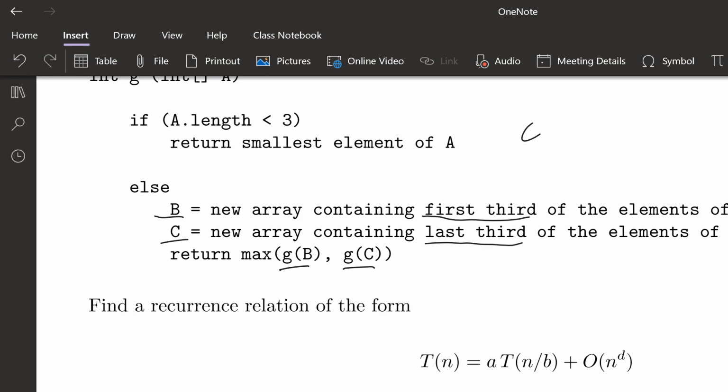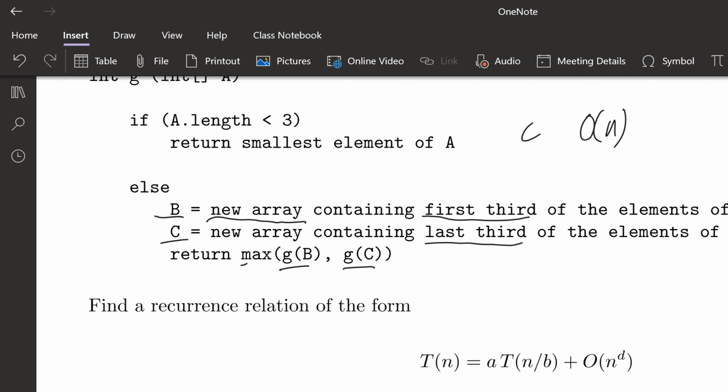So this would be constant, or even if at worst it doesn't have its array length stored, it would be O of n. All right, B is a new array containing the first third of the elements of A. The thing that tips me off here is it's a new array, right? B is not just a pointer, it's actually a full copy of the array. Even though it's only the first third, that's n over 3, that's still linear, right? So both of these are also O of n.